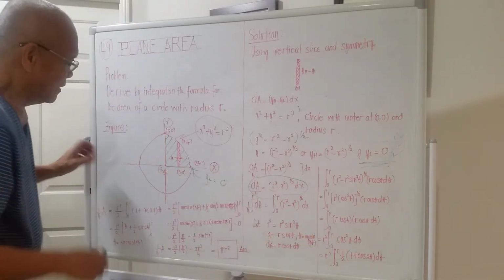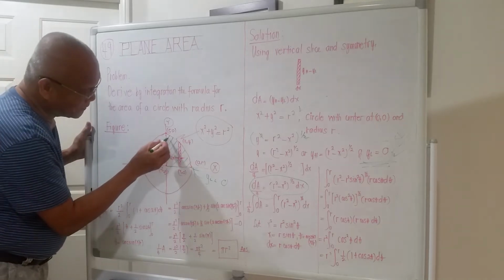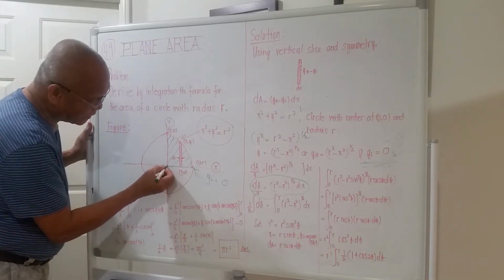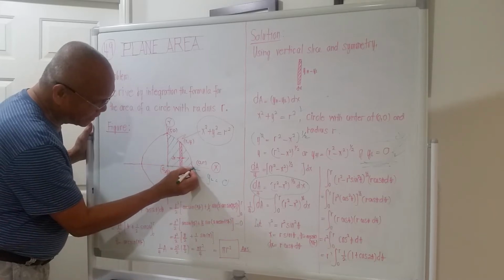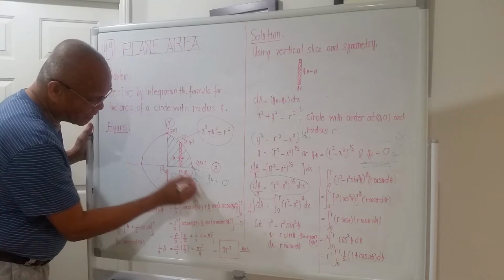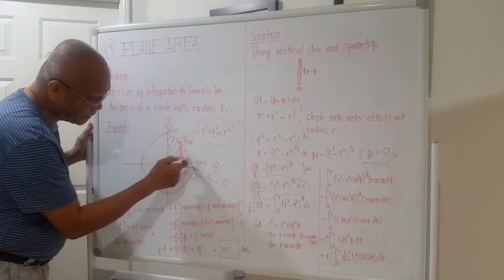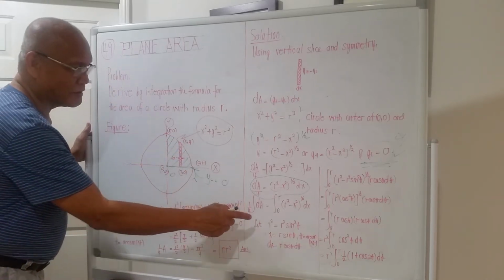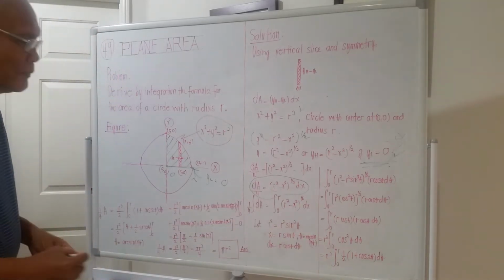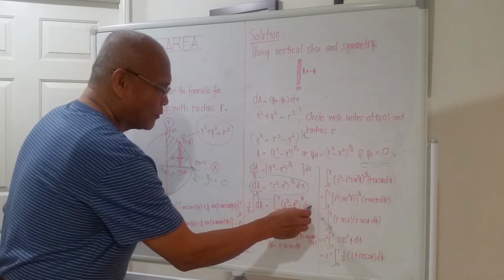To cover up the total 1/4 area, x should move from 0 to r. So the lower limit is 0 and the upper limit is r to cover the total 1/4 area. That's why I place it here, 0 to r. Okay? We got a problem here for the meantime.